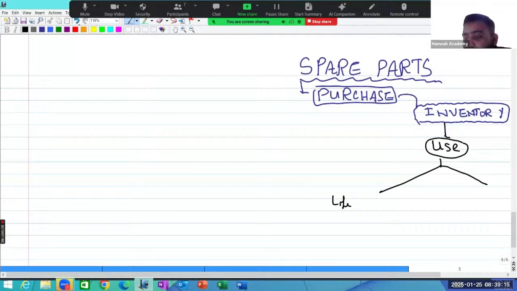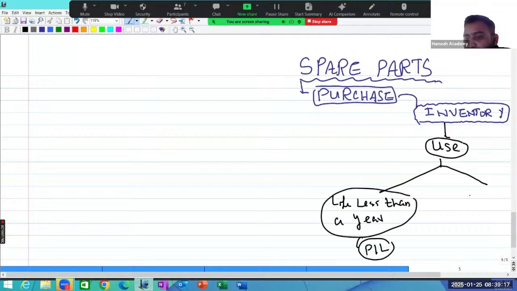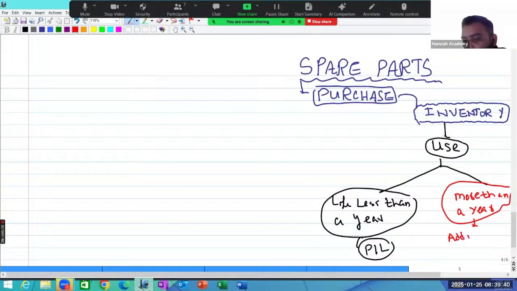But if the life of the spare part is more than a year, that means it will provide future economic benefit, then the spare part will be added in the carrying value of the asset.